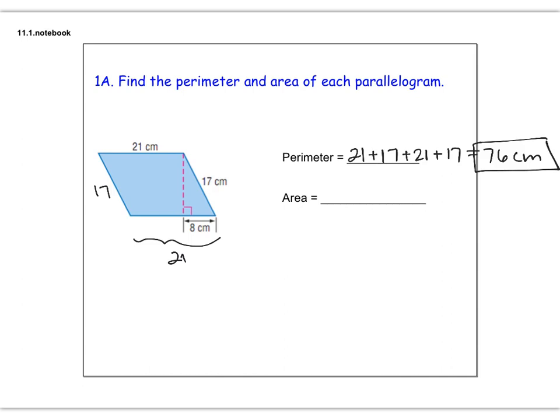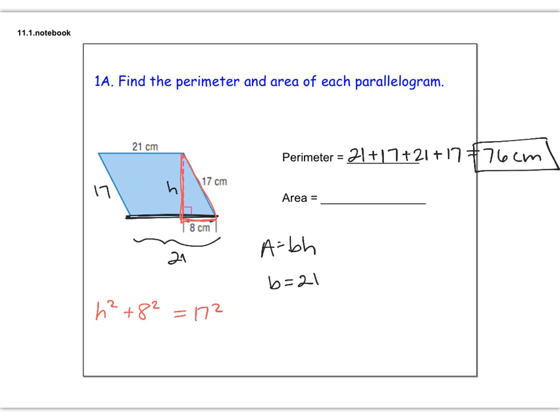Now to find the area, remember, it's going to be base times height. So in this case, I can see the base is 21. It's this distance down here. But the height, we do not know. It would be that red dotted line. So to find the height, we're going to have to do a little Pythagorean theorem. And so we're going to do height squared plus 8 squared equals 17 squared. We're going to use this little triangle over here on the right.